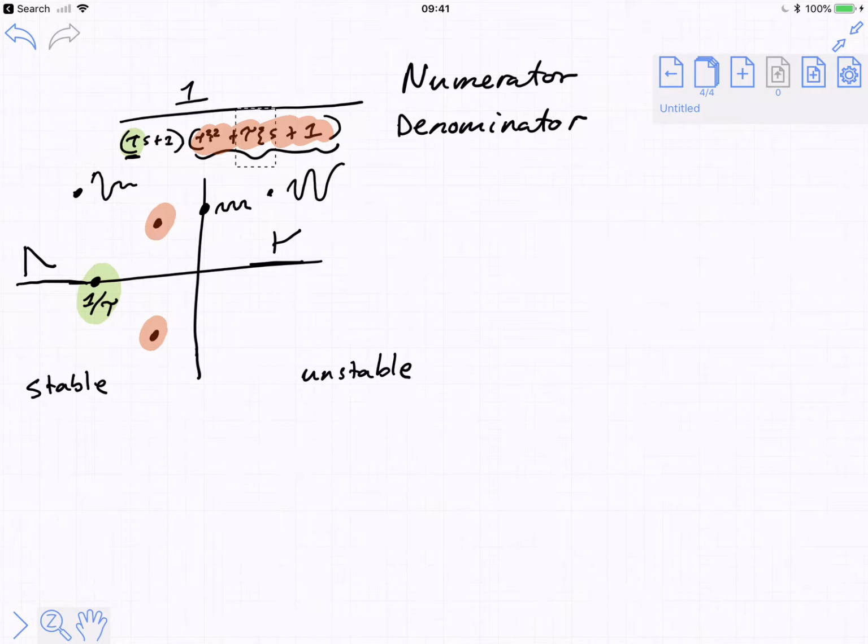And stable, our kind of conventional working definition for what a stable system is, is a system that if I change the input in a bounded way, I end up with a bounded output. And so what does bounded mean?